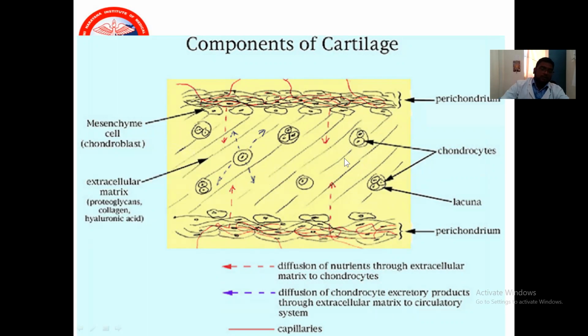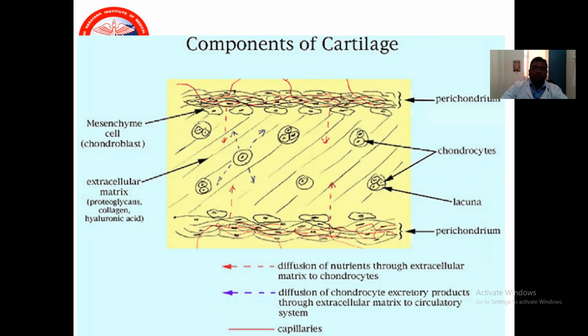You have different types of collagen fibers; normally type 1 and type 2 collagen fibers are present in the cartilage. But normally these fibers cannot be seen in hyaline cartilage.